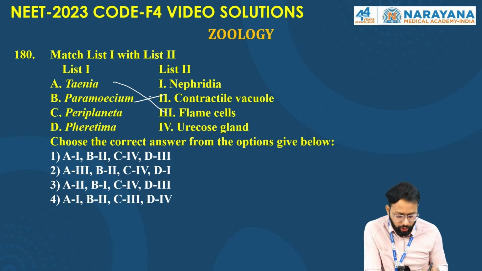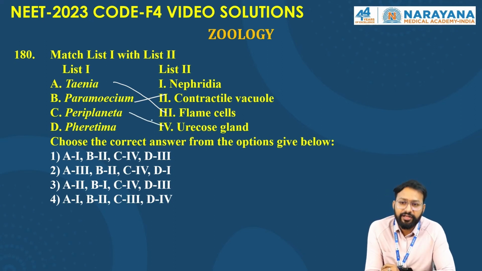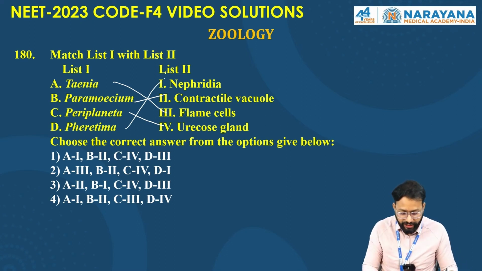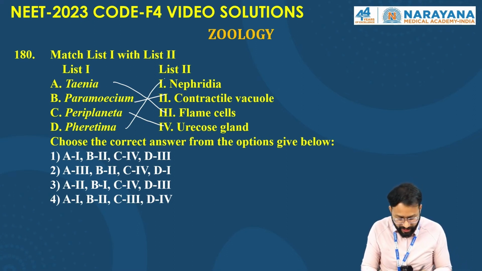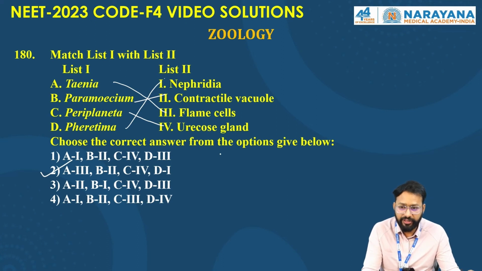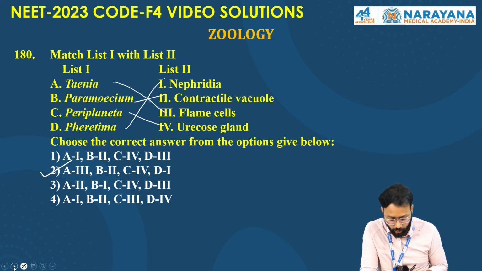In case of cockroach, excretory structures are urecose glands. Pheretima, it is an annelid, earthworm, right? Excretory structures are nephridia, right? So for A, it should be 3. A, 3, B, 2, C, 4, and D, 1. Right? Correct option is option 2.